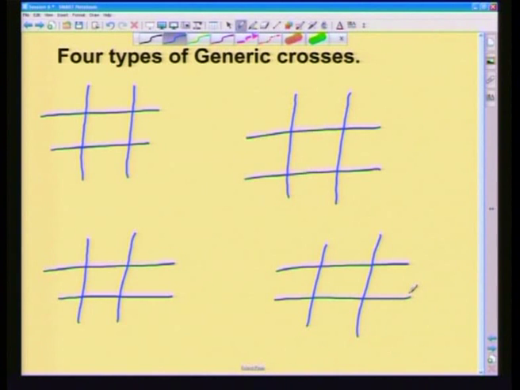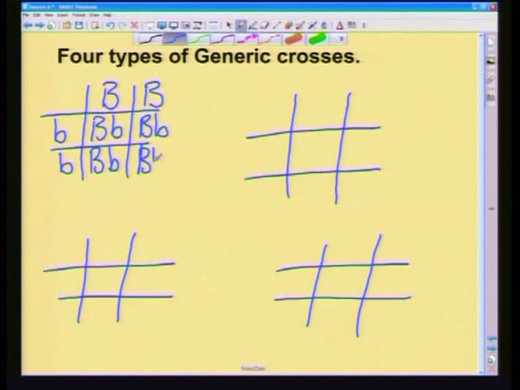There's the Punnett square. We're going to go homozygous dominant versus homozygous recessive. Here all your offspring are going to be heterozygous. So that would be number 1.